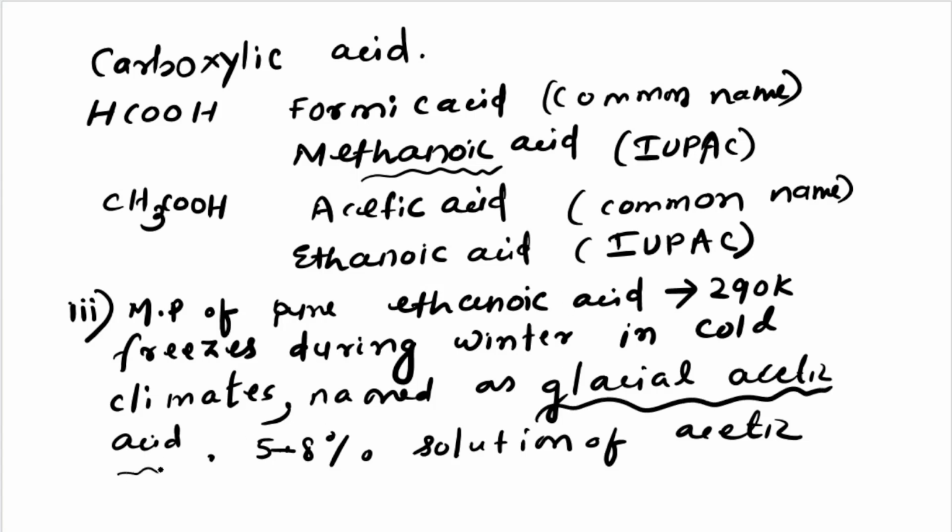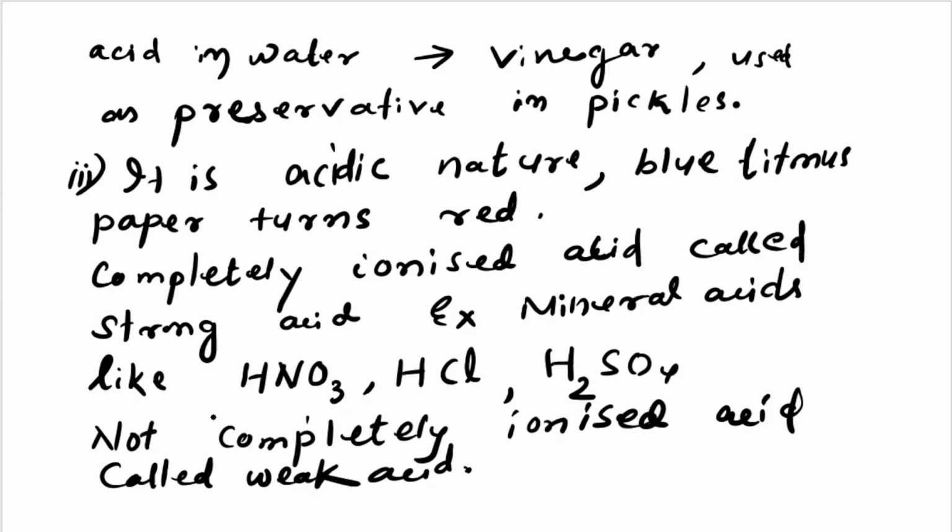Then a 5 to 8% solution, that means you will add water, 5 to 8%, and a solution of acetic acid in water is called vinegar. It is used as a preservative in pickles. Not only pickles, so many things you can add vinegar to.